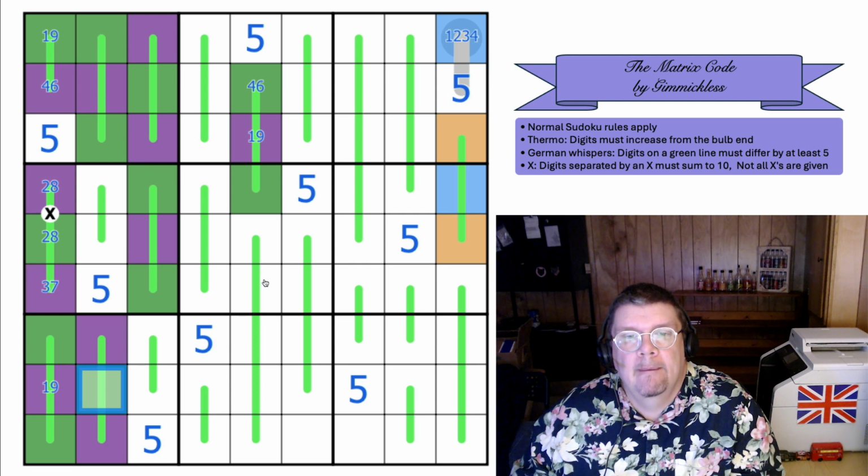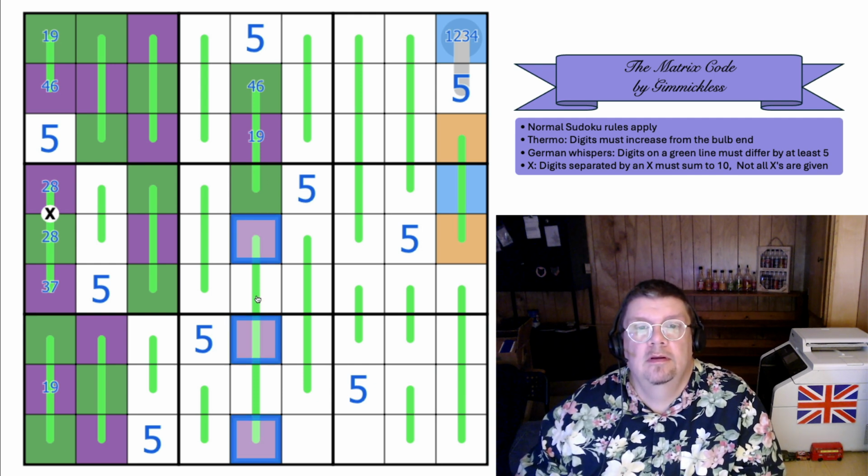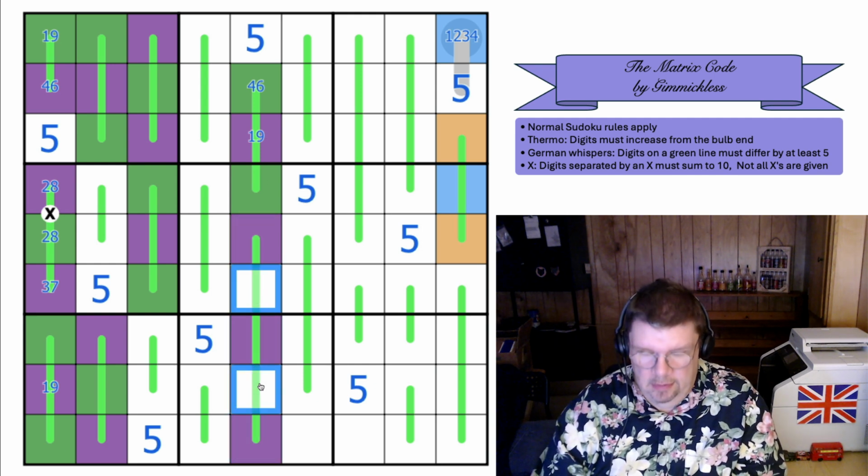This is 5 cells long. These can't be green because they'd have 5 green digits, so they must be purple. These must be green.